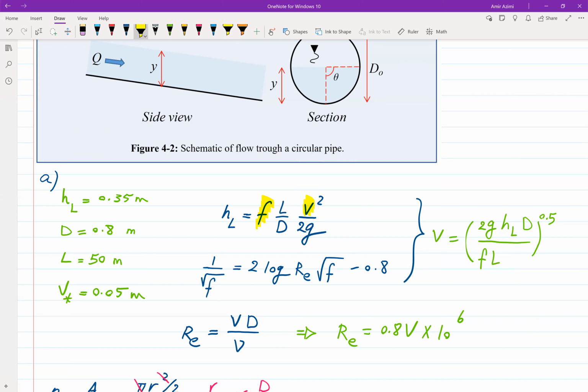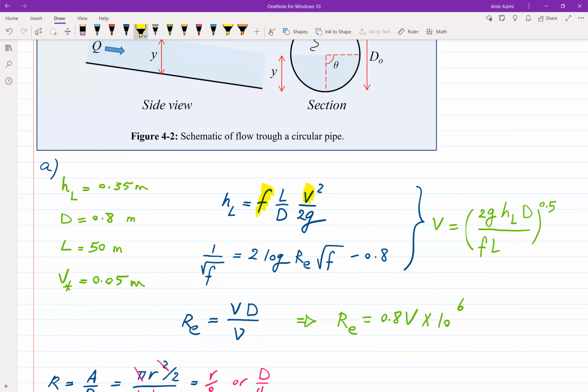Now here, we can rearrange the Darcy-Weisbach equation to isolate velocity: velocity equals 2g times head loss times diameter, divided by friction factor times length, to the power of 1/2. The definition of Reynolds number is velocity times diameter divided by kinematic viscosity.